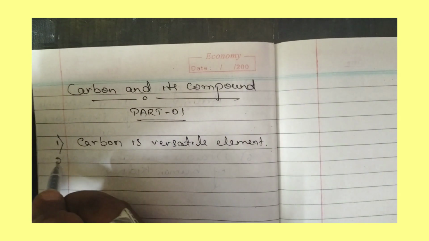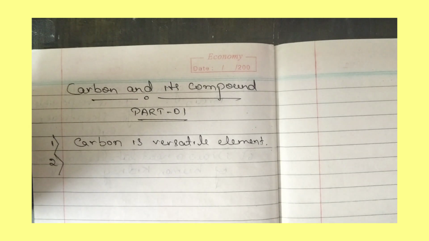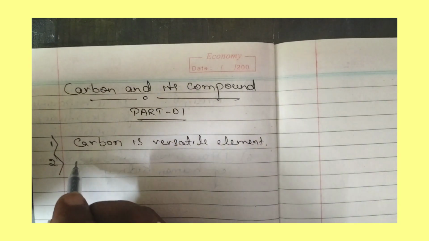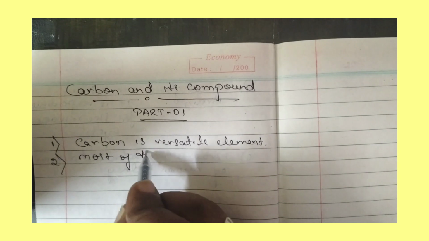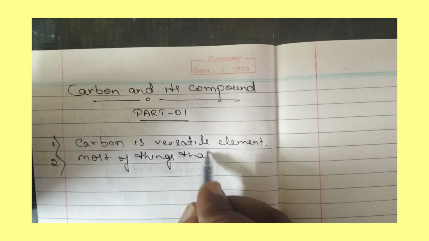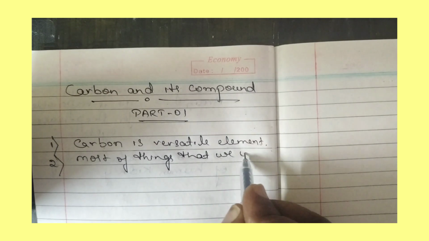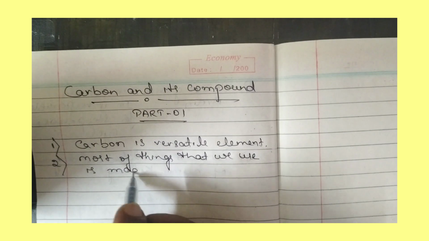So this is the first point. Now the second point: most of the things that we use are made of carbon.